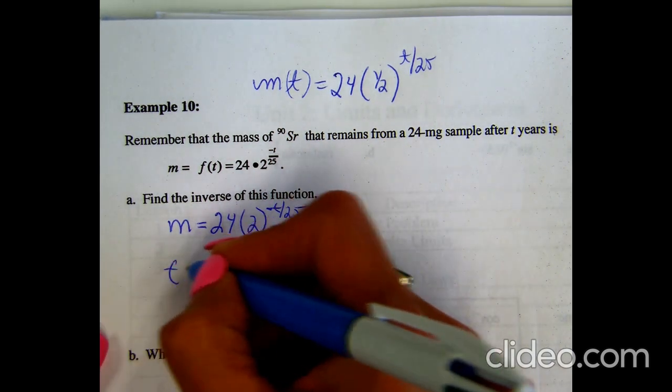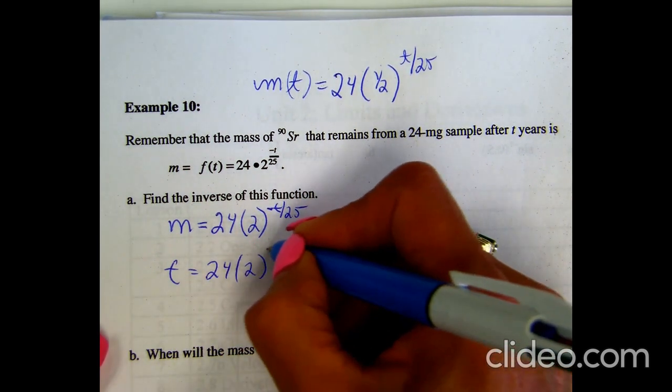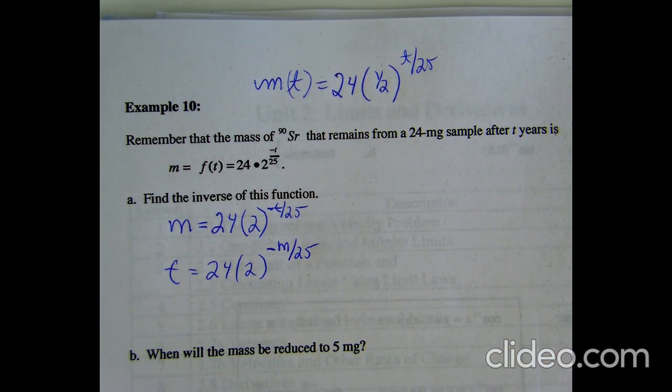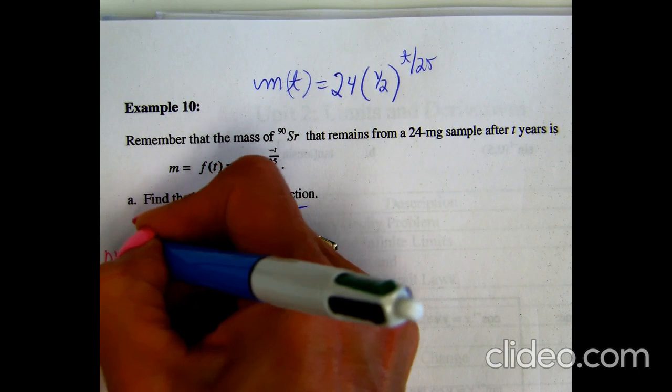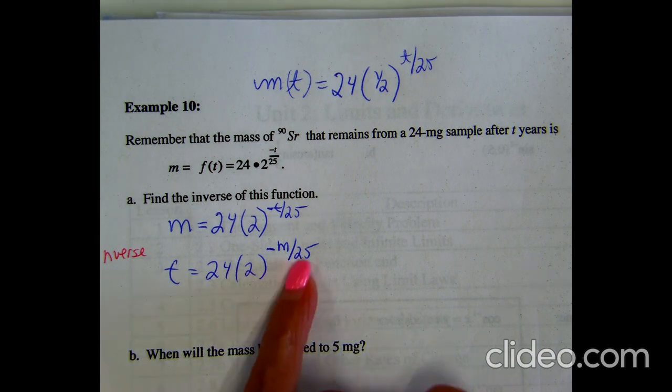That is, t is equal to 24 times 2 to the negative m over 25. So what are we doing here? We are finding the inverse. So we start off by isolating our exponential.